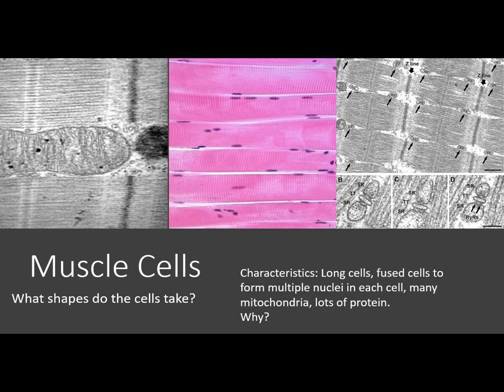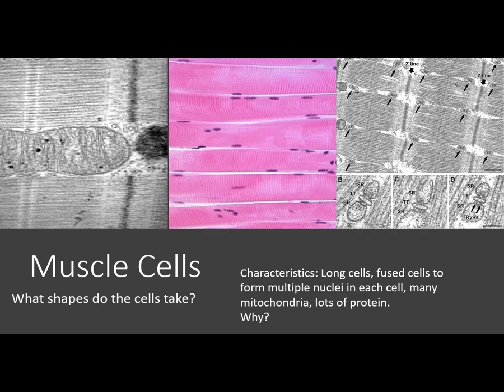Now, in this video, I want you to pause this video and I want you to think about, why does this have a lot of nuclei? Why would it have a lot of mitochondria and lots of protein? What would be the function of a muscle that it would need those kinds of things?